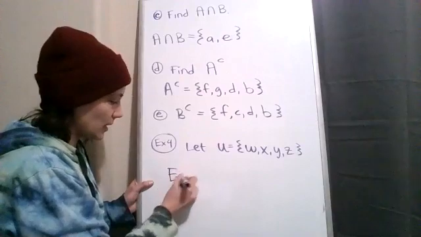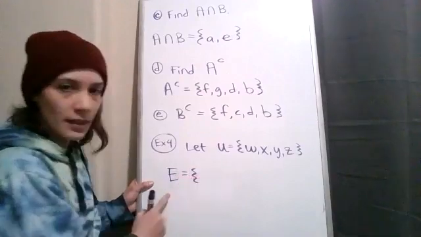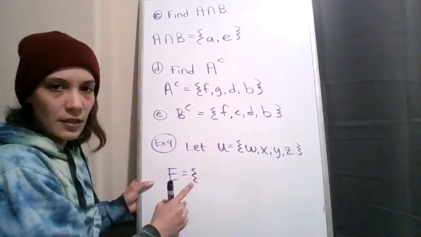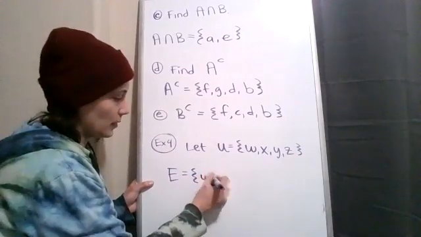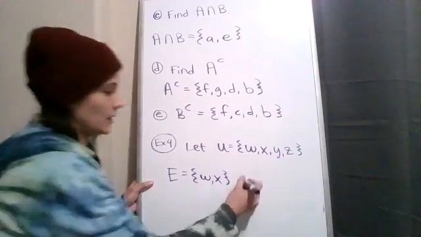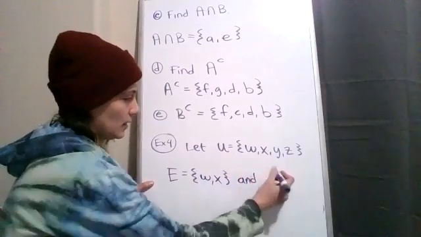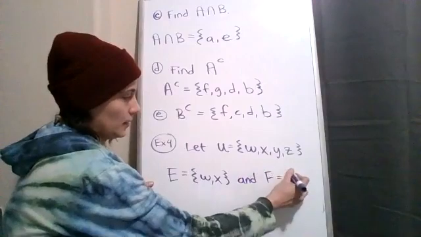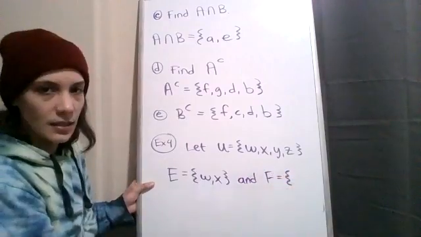So this will be the set E, and it contains W and X. And F will contain just C.